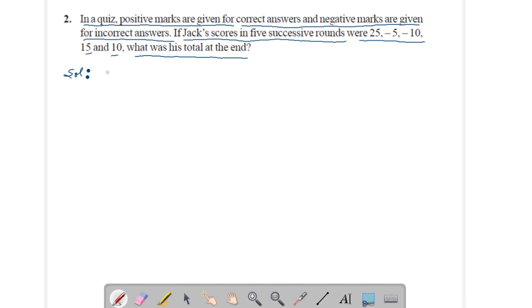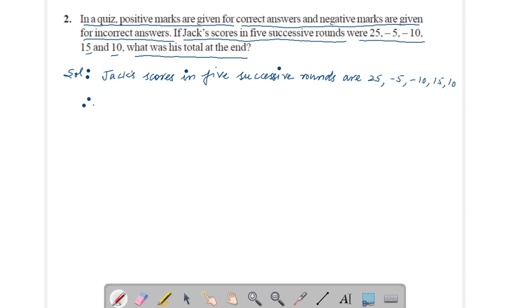Jack's scores in 5 successive rounds are 25, minus 5, minus 10, 15 and 10.